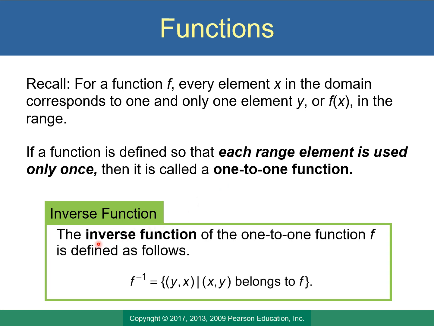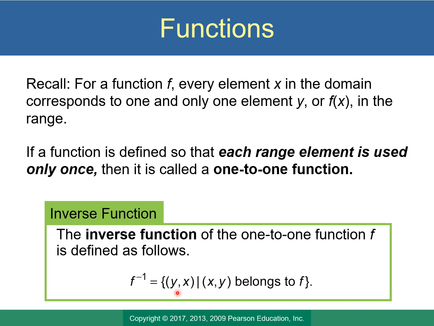So the definition of an inverse function is that if you have a one-to-one function to start with, then it has an opposite or inverse function. And it's denoted with this notation here. You read this as f inverse. And f inverse is the set of all y comma x. So this is an ordered pair where y is first and x is second. And then this line right here, you could read this as such that.